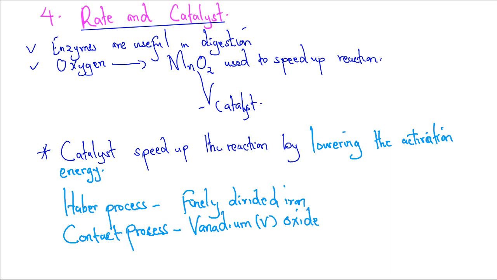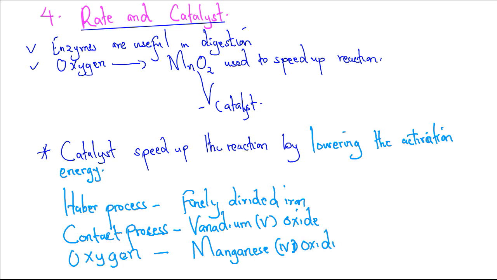In the preparation of oxygen, we use manganese 4 oxide as a catalyst. So these are different catalysts used in different processes in the industries majorly.